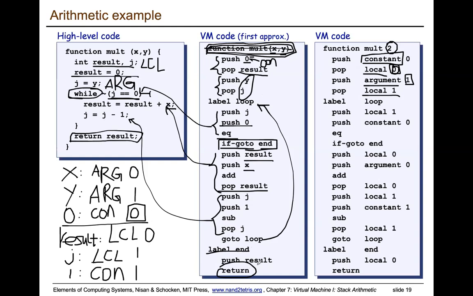So when I finish this representation with this table, I have mapped this table, and then I can create my second approximation. This is actually the virtual machine code. Okay, so far so good. Any question?